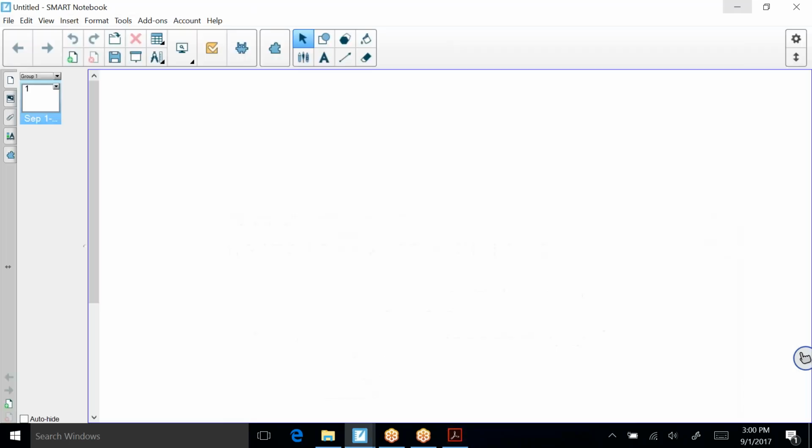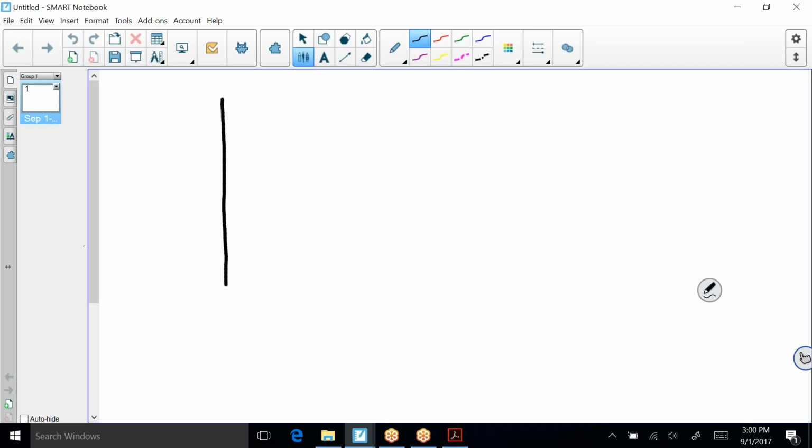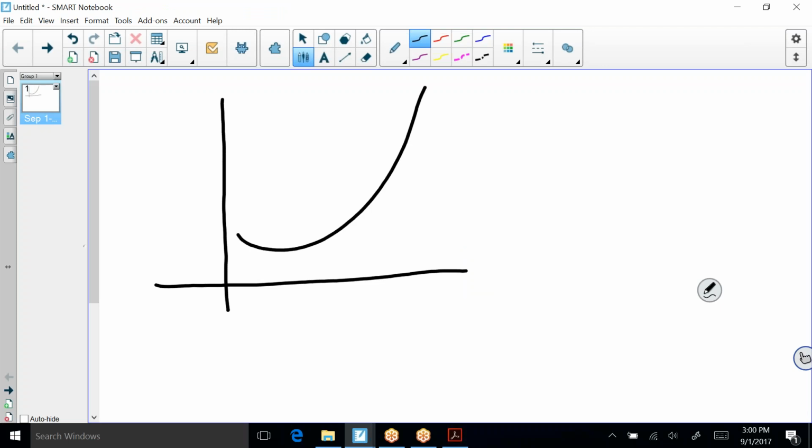So let me draw this picture on this board here. Suppose I have a curve that looks like this, and I want to have one point here that I'm going to call x sub 1, and that's going to be a point on my graph here, and I'll call that point P. And the ordered pair for P is going to be x sub 1, comma, whatever the function value is at x sub 1.